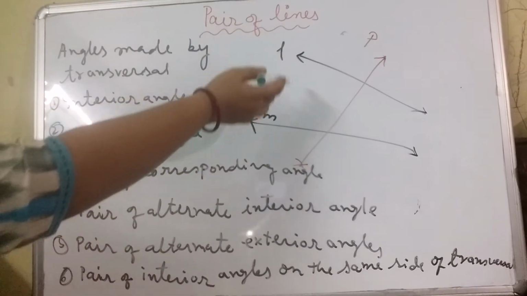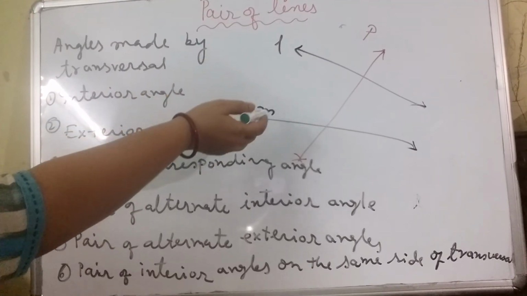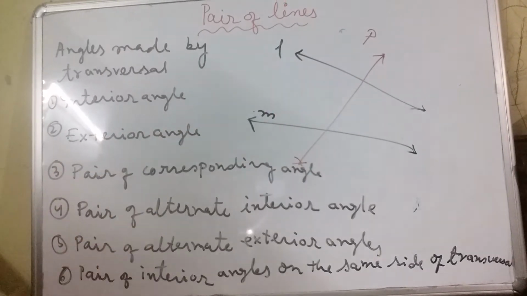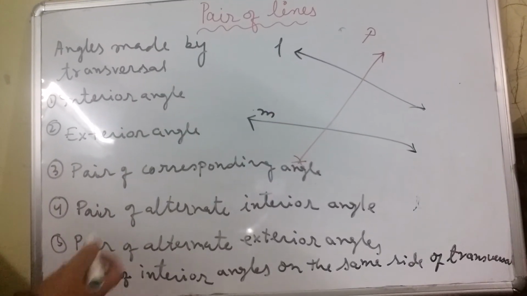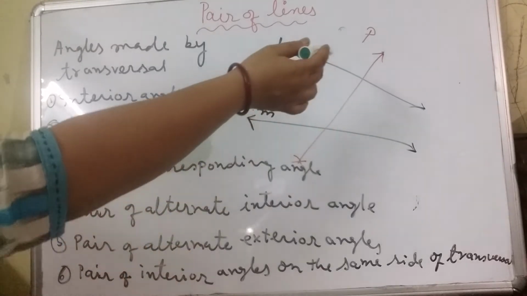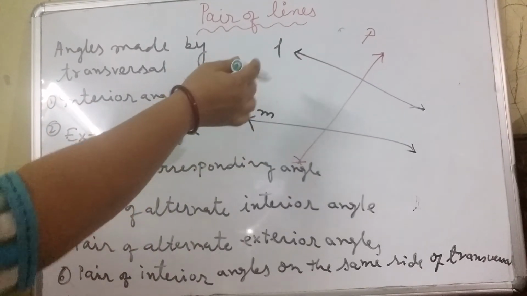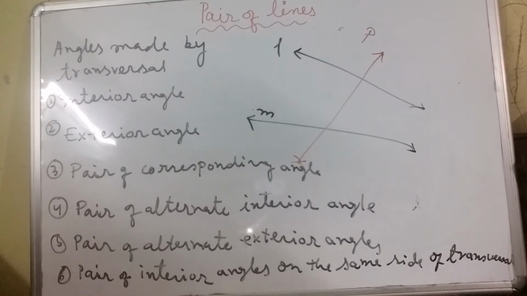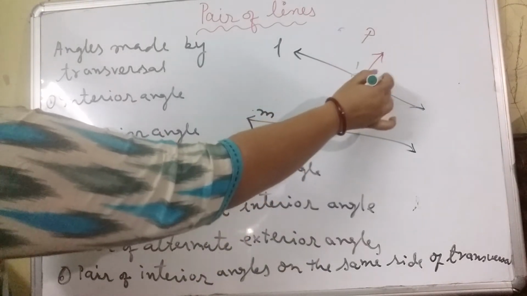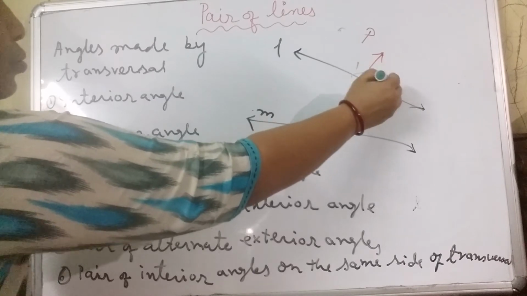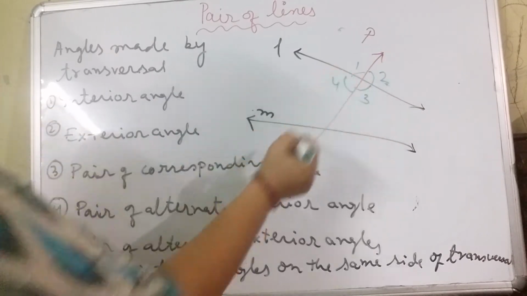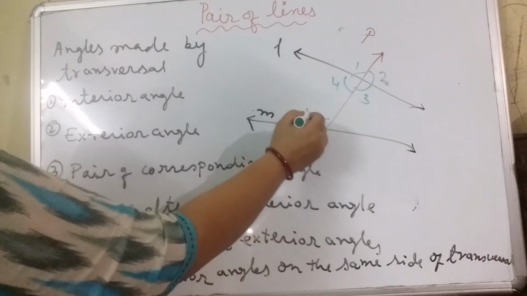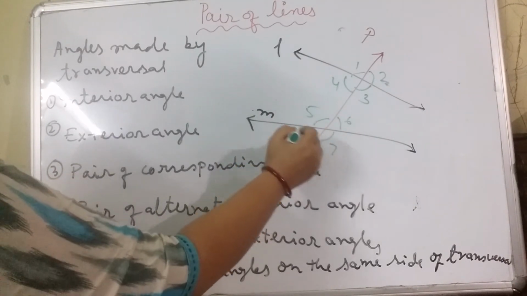Let's look at this transversal. So lines L and M are there and P is a transversal. Okay. When this line P cuts these lines L and M, they form some different angles. Okay. Now name these. This is angle 1, this is 2, this is 3, this is 4, and this is 5, 6, 7, 8.